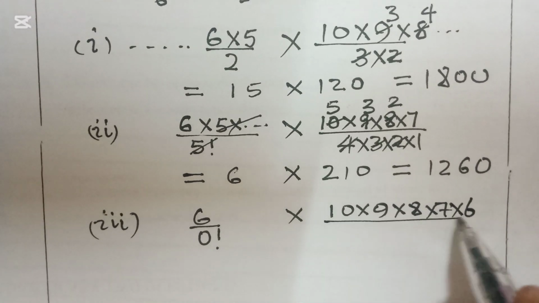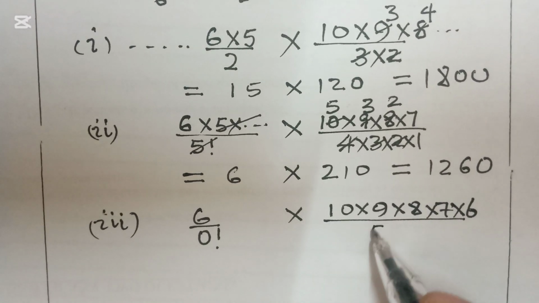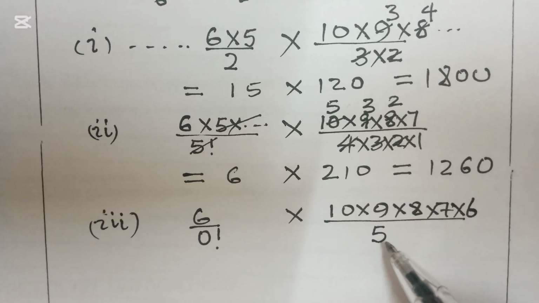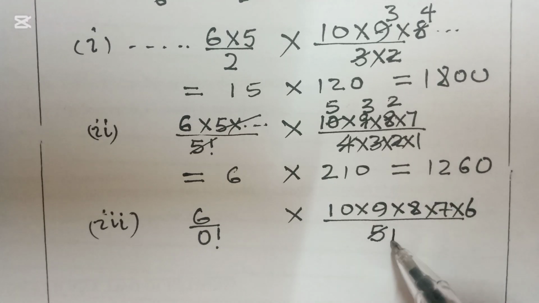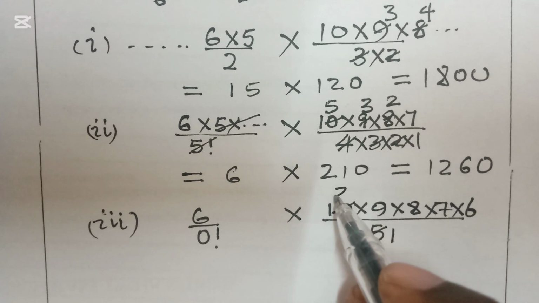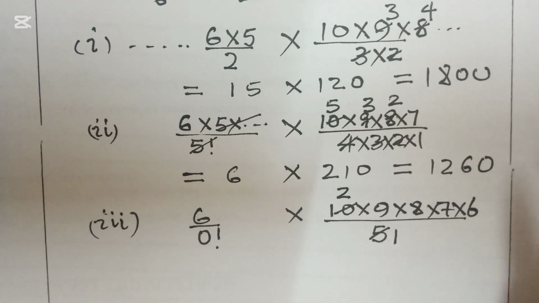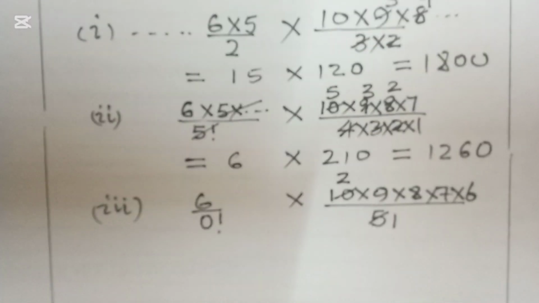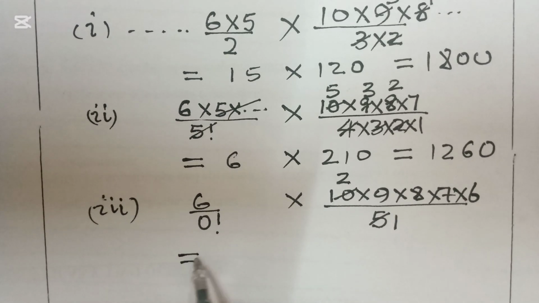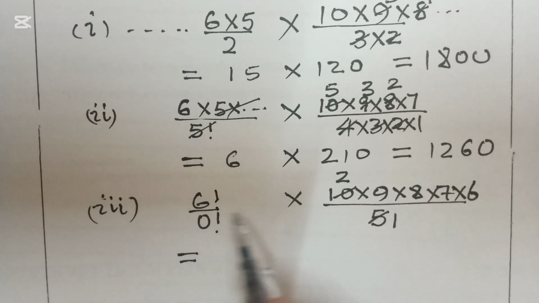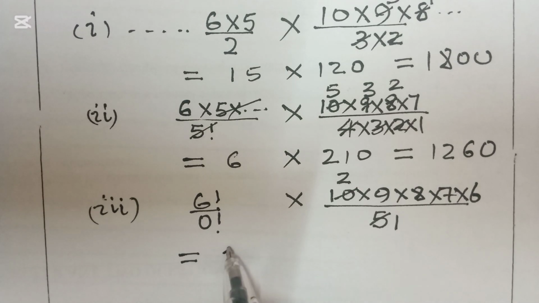So the others will be taken care of by one of the 5 here. So I can divide this 5 and that, by 5, 1, by 5, 2. So guys, we are left with that. This is now going to give us 6 factorial all over 0 factorial gives us 1. So this one we get 1.